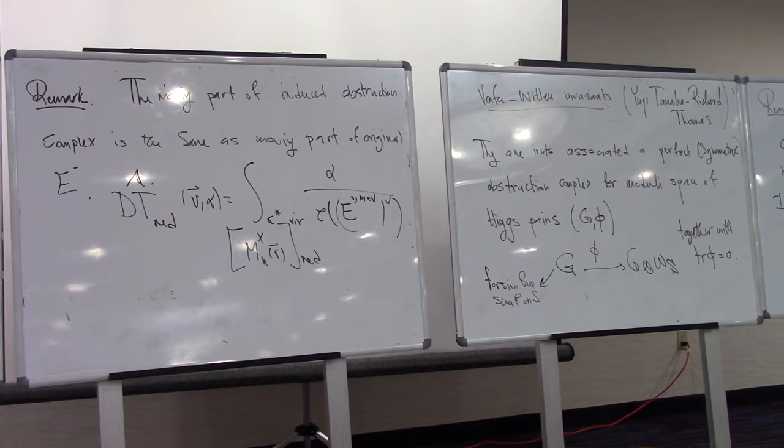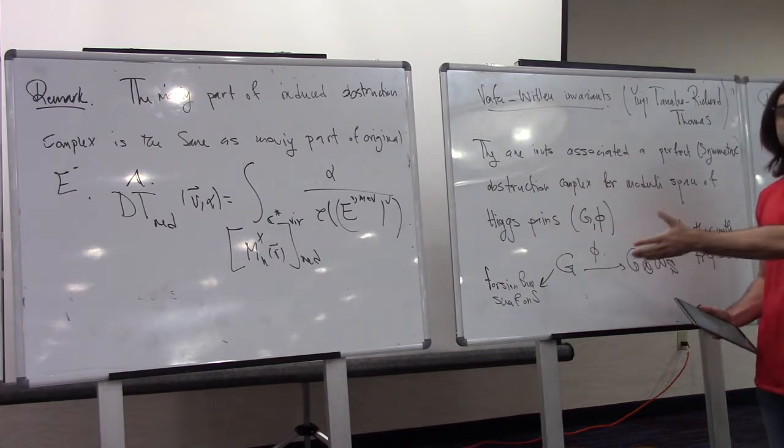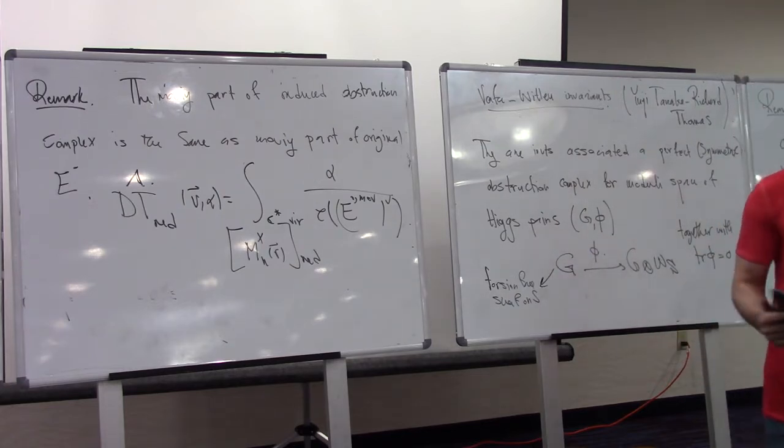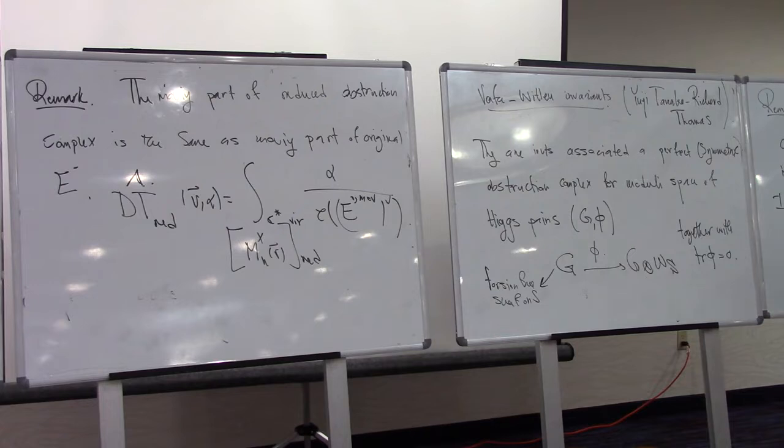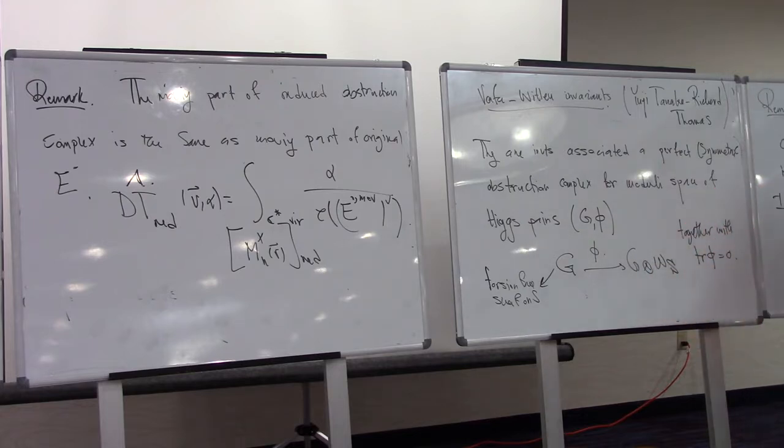So Yuji Tanaka and Richard Thomas have been looking at the moduli space of certain Higgs pairs on the surface. These come directly from the construction of Vafa and Witten. In the original paper of Vafa and Witten, you have this complex surface, a 4-manifold with fixed complex structure.